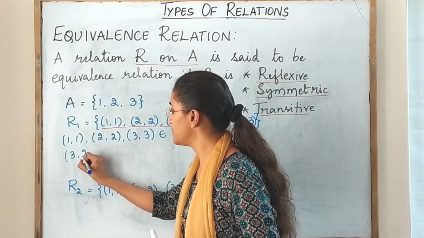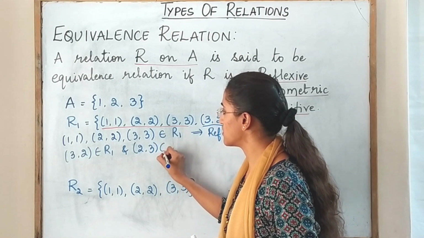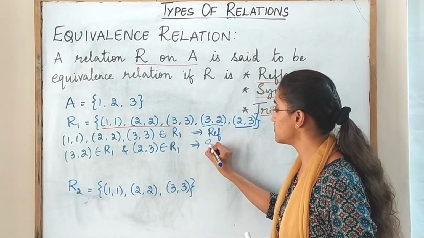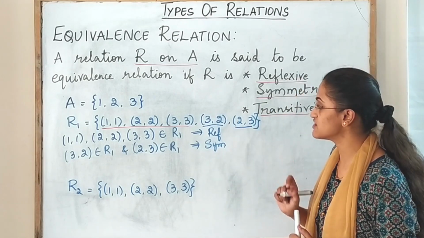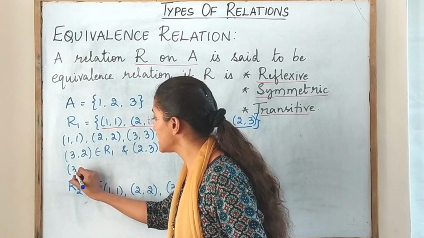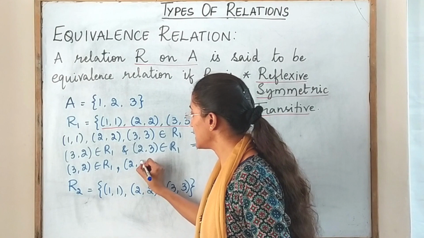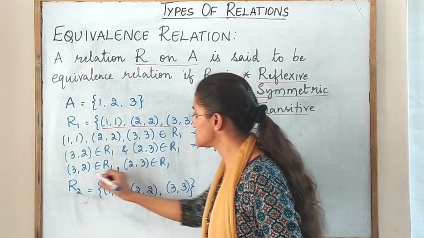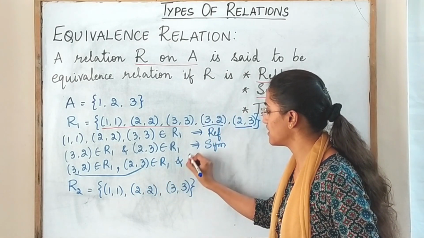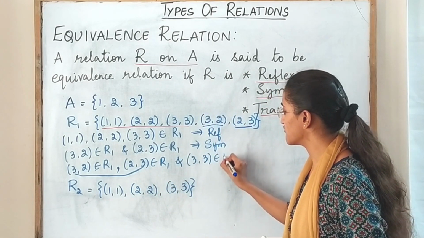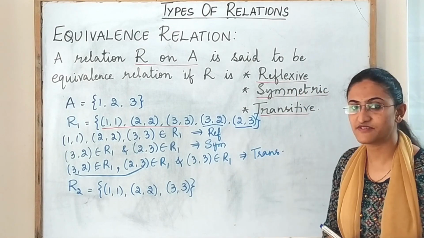(3, 2) belongs to R1 and (2, 3) also belongs to R1, and hence you can conclude that the relation is also a symmetric one. Now, checking for the transitive relation, we have got (3, 2) in the relation, (2, 3) in the relation, and also (3, 3); you can check this, (3, 3) also belongs to the relation R1, and hence you can conclude that this relation is even a transitive relation.